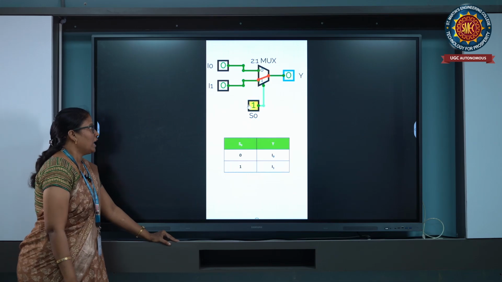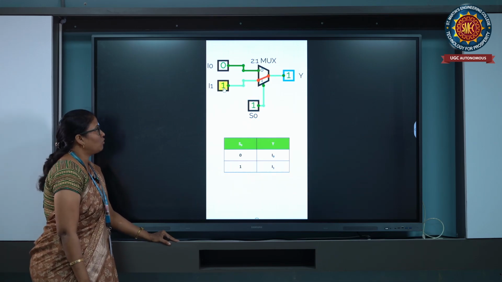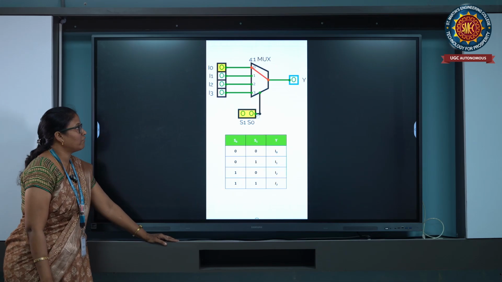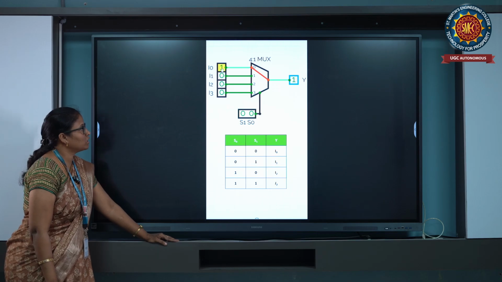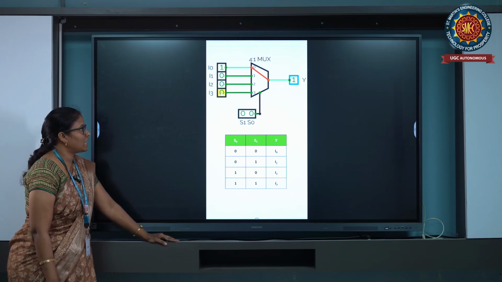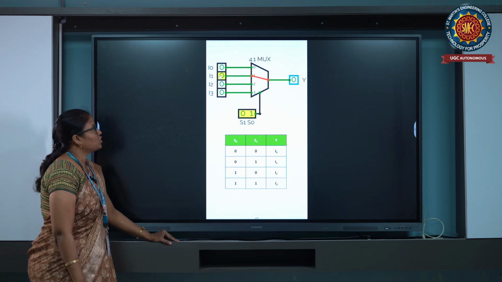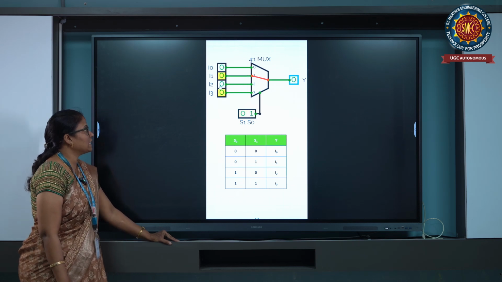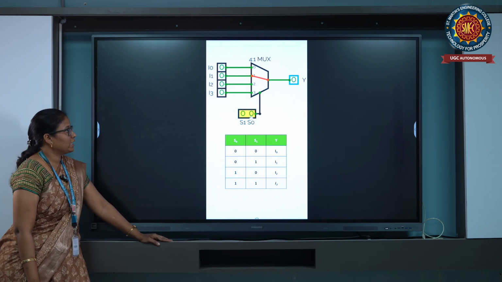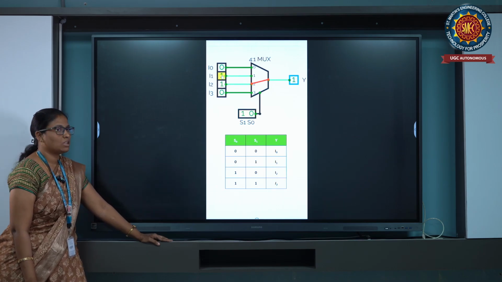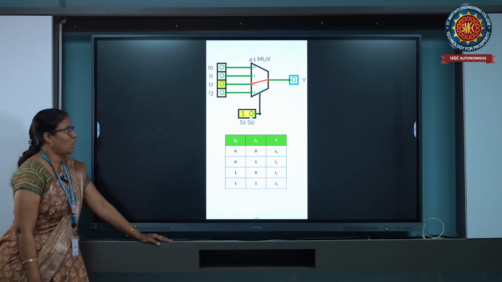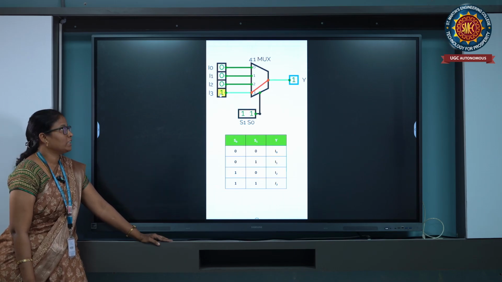The selection line is S0. When it is 0, it gives I0, and when it is 1, it gives I1. Considering the 4:1 mux, the selection lines are 0, 0. When it is 0, 1, it gives I1. When it is 1, 0, it gives I2, and when it is 1, 1, it gives I3. The desired output is given at the Y signal.